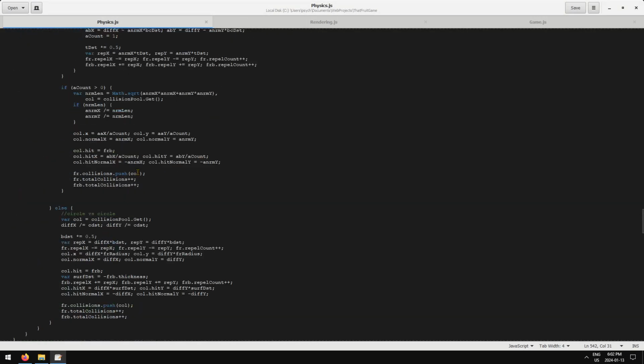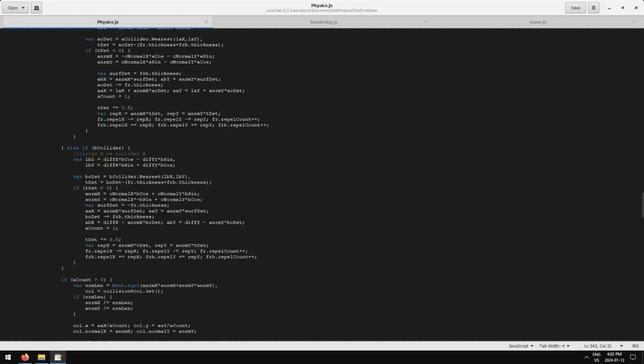To do the collider rotation, let's go up to a sort of easy one, the circle A versus collider. You can see we take this point on the collider, and now we have this 2D rotation matrix here, and we apply the inverse rotation. So we convert from the world position, invert it backwards to the local position.